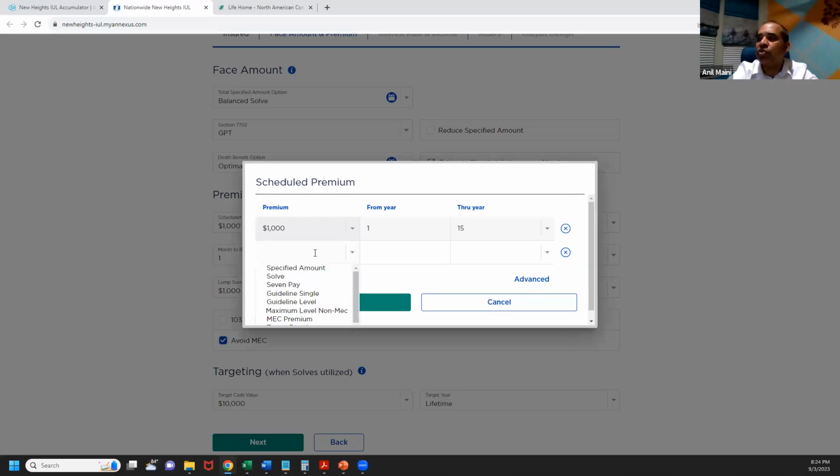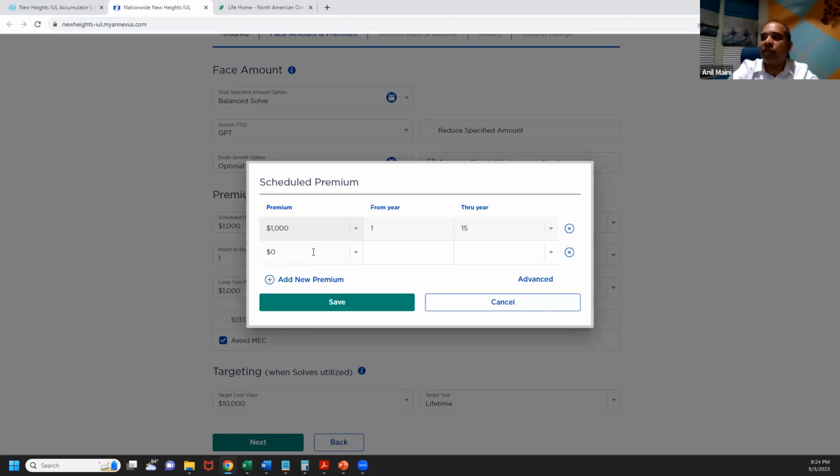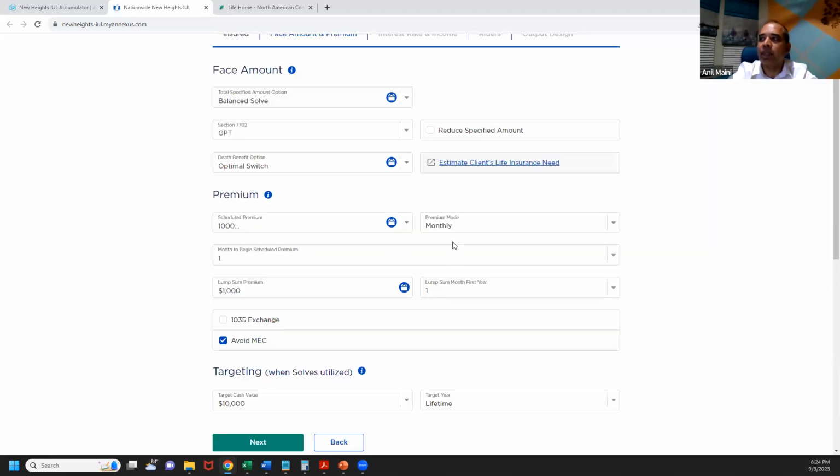So 0 from the 16th year to max. So this is how we have input the premium: $1,000 per month from year 1 to 15, 16 to max is 0. Monthly. We are not giving any lump sum premium.